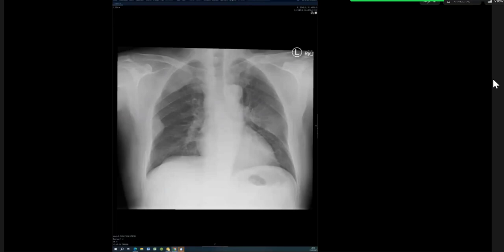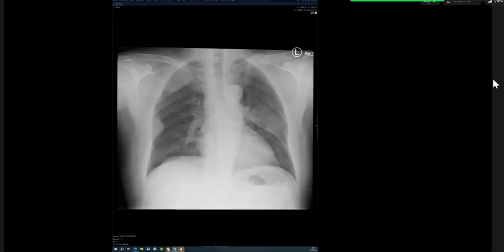In the left mid zone, although the opacity has an ill-defined border, particularly superiorly, I think it's pleural based as well, because it has an incomplete or ill-defined margin on one of the sides.